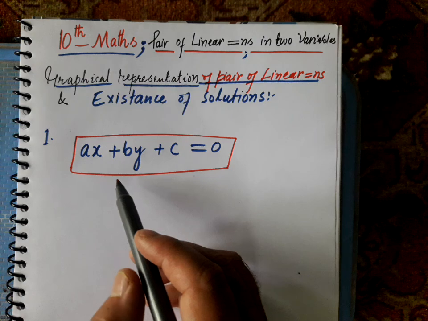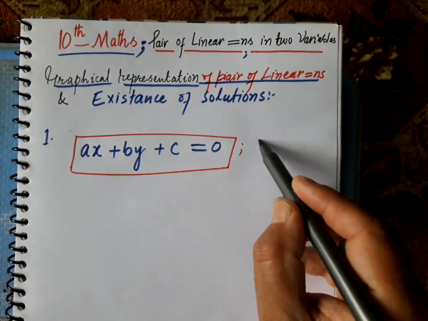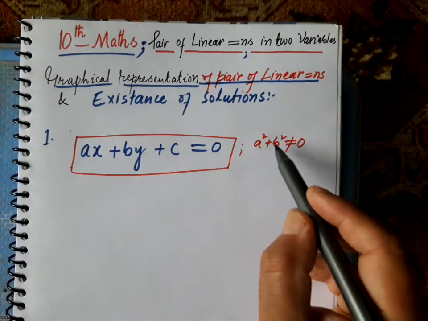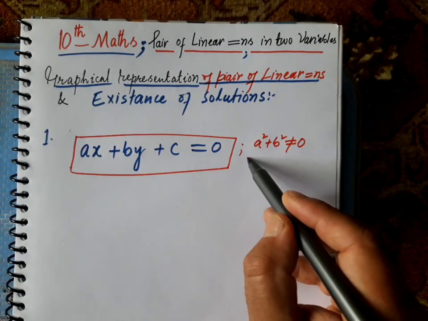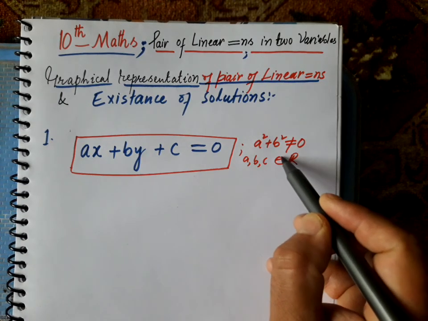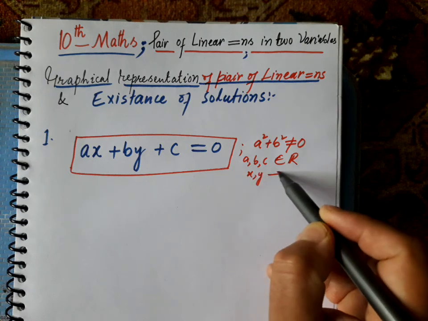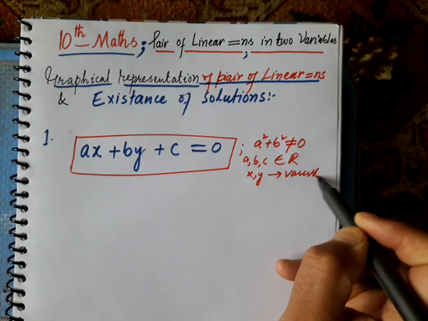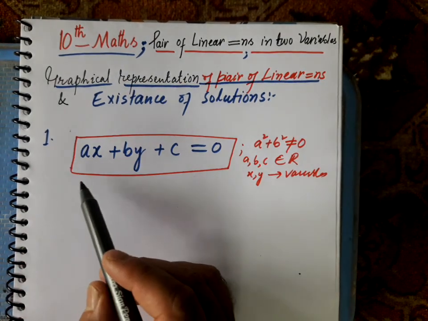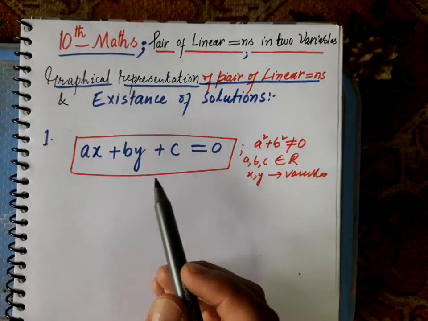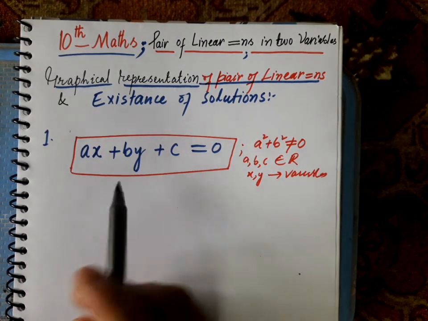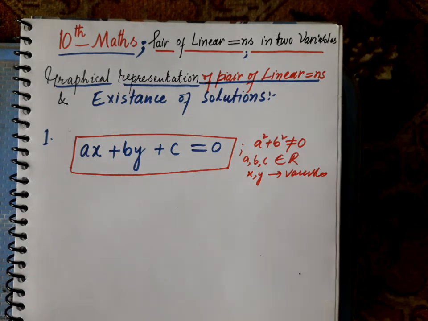When we plot the graph, where a square plus b square is not equal to 0, that is, both a and b are not equal to 0, and a, b, c are constants, that is real numbers, and x, y are variables, then the graph comes out to be a line.